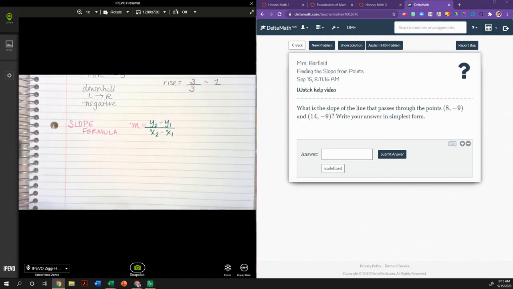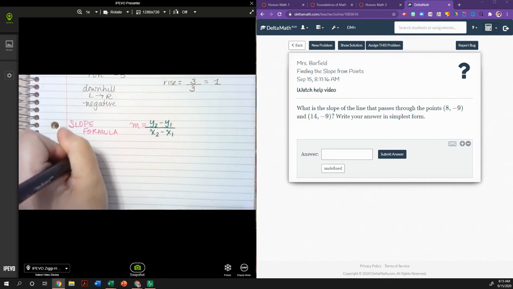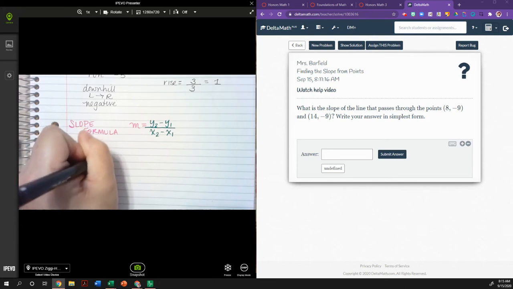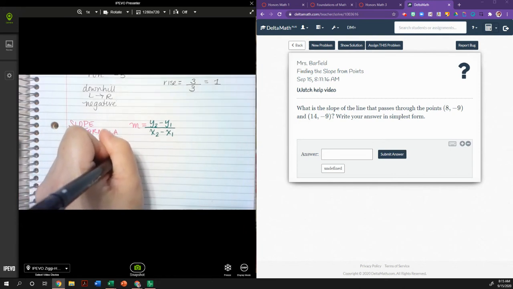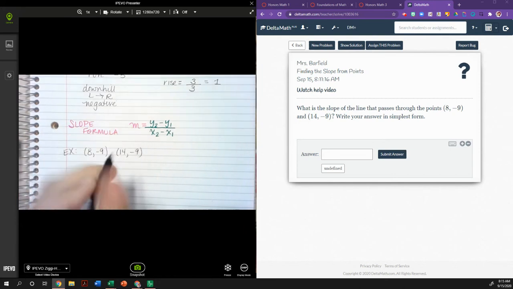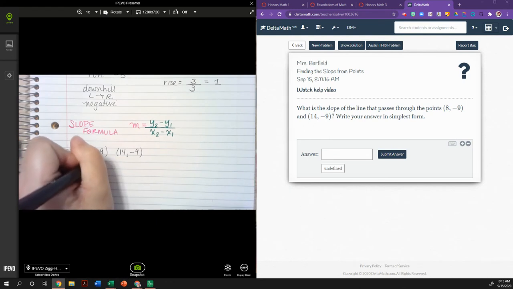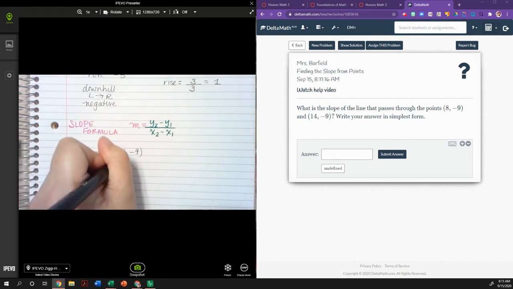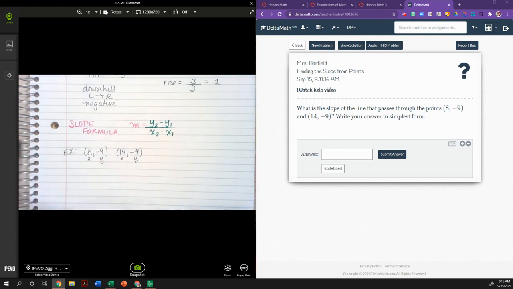It means when you have 2 points, so let's use the example they gave me: (8, -9) and (14, -9). If you remember, points are x comma y. So this is x comma y, and this is x comma y.